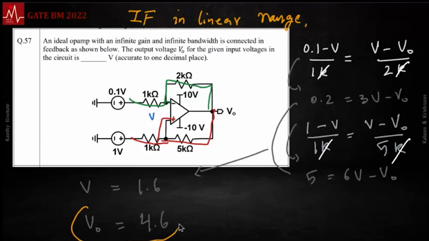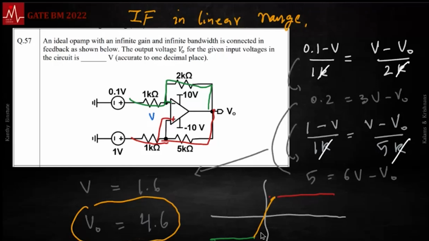Is your V naught within the linear range? Is this linear? Let me draw that figure again. The top is at 10. At the bottom, this is at minus 10. In between, there is a linear range. The question is, is it linear? Really, it's a vertical line.